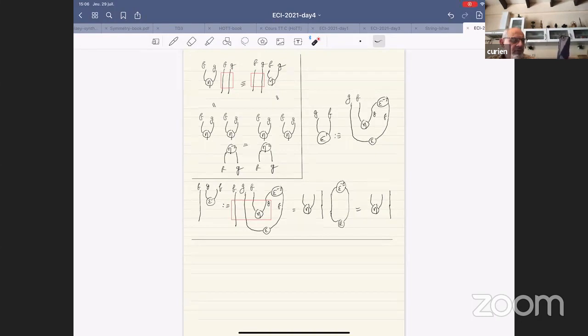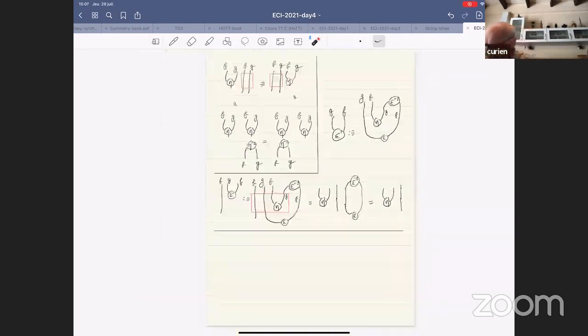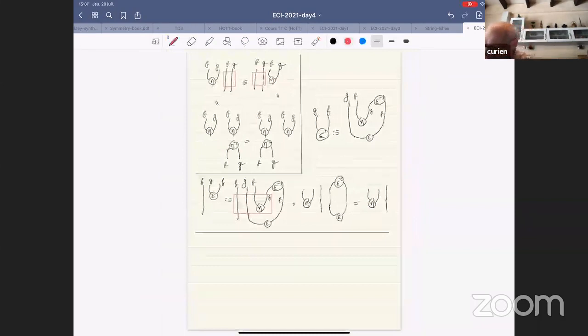I think I have enough time before the break to explain all this well. I have a lot of things to explain. Remember, for example, let's take eta. Eta by definition is a proof that G composed with F is homotopic to the identity.